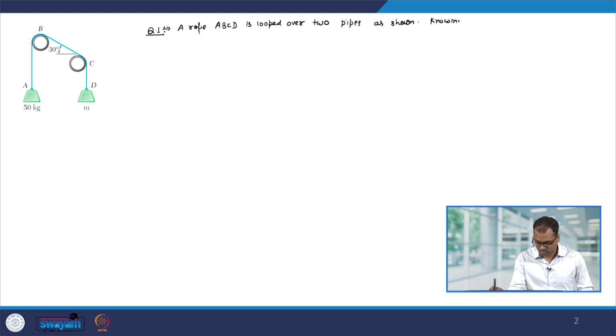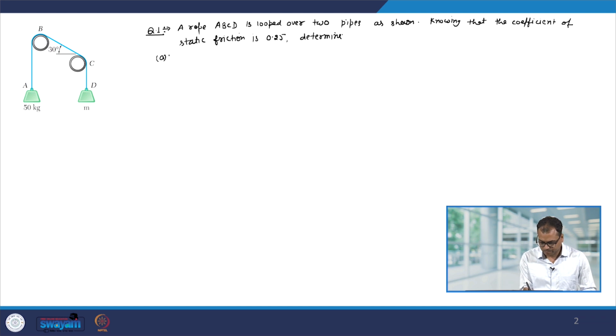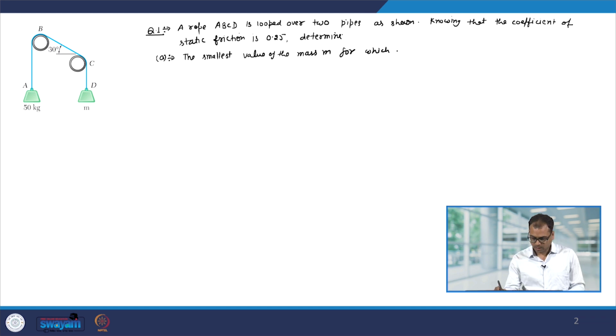Knowing that the coefficient of static friction is 0.25, determine A, the smallest value of the mass m for which equilibrium is possible.